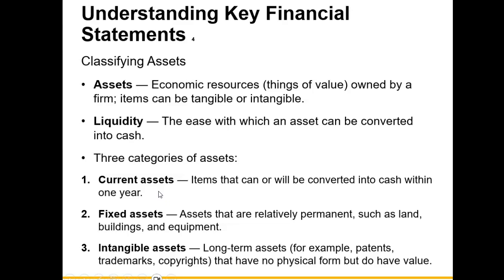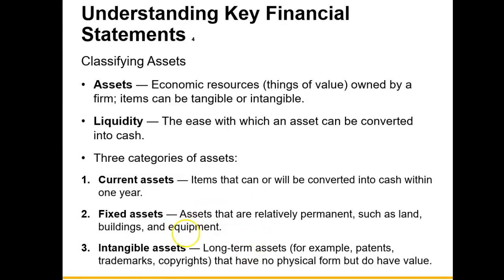So, for example, let's say that we are a retailer and we're selling products. That product you're selling is known as inventory. Inventory is a current asset that can be converted into cash typically in a time period of less than 1 year. Then you have what's called your fixed assets or permanent assets, such as land, building, and equipment.